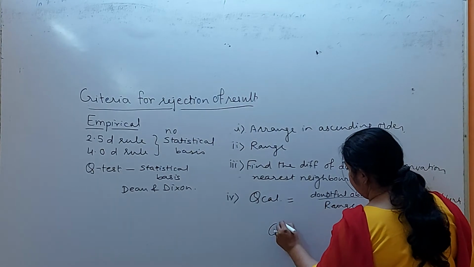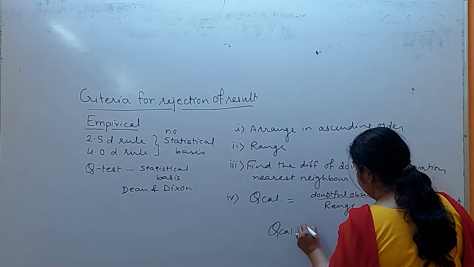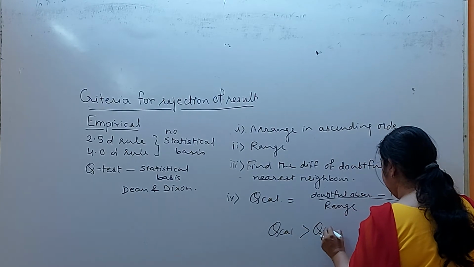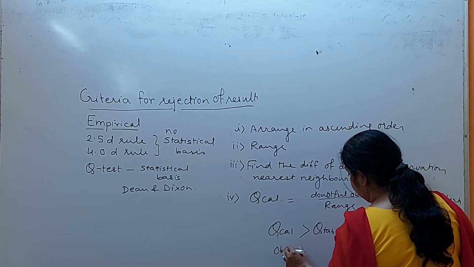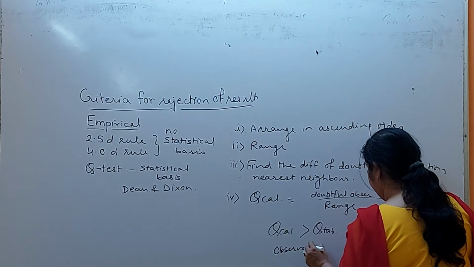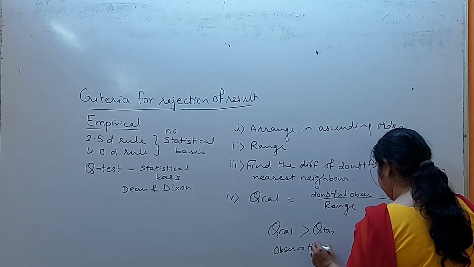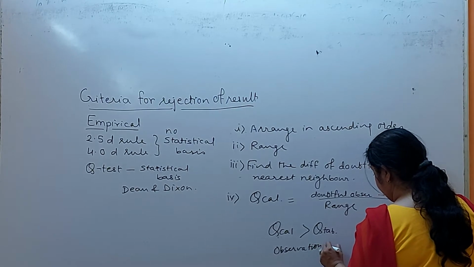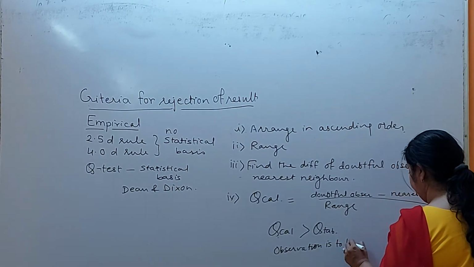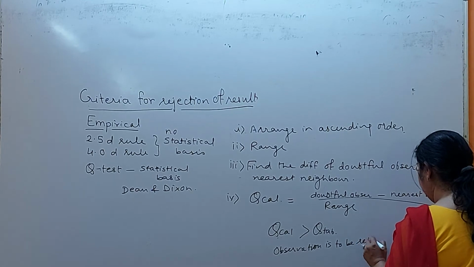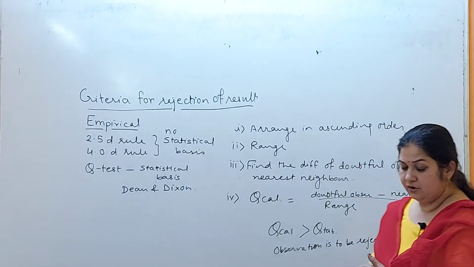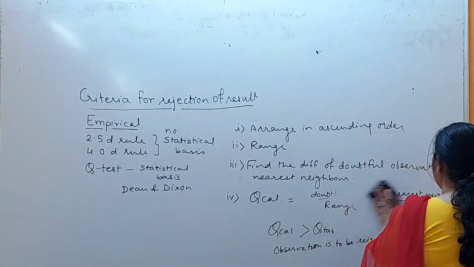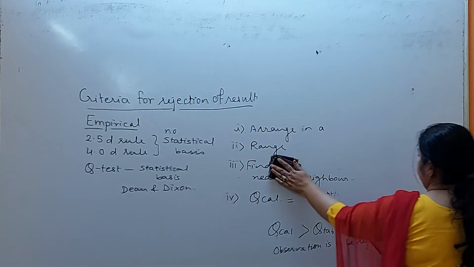If this Q calculated is greater than Q tabulated, then the observation is to be rejected. Otherwise it can be retained. By solving the example, you can come to the conclusion.